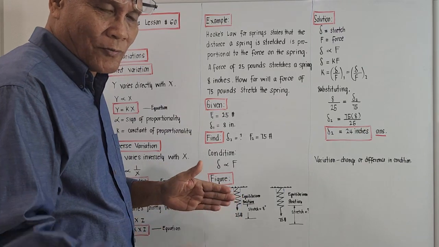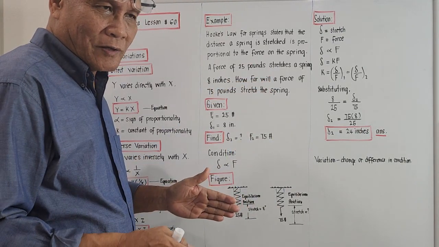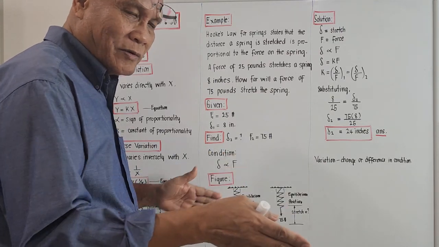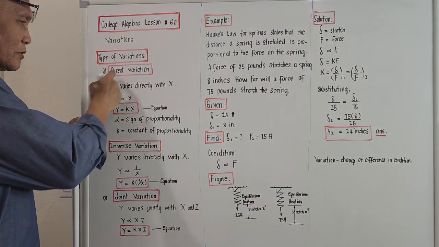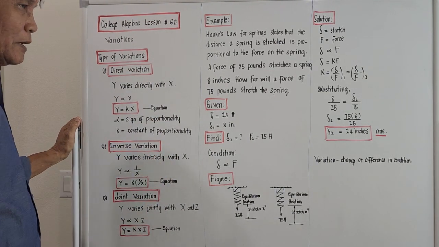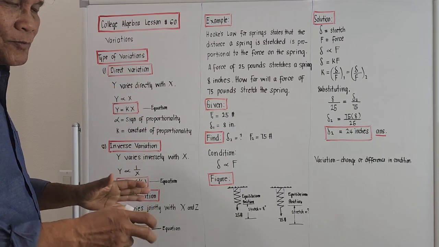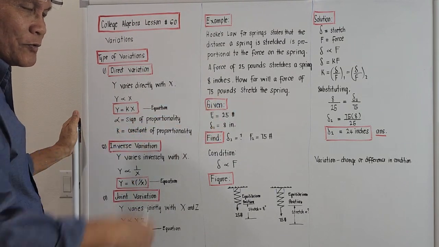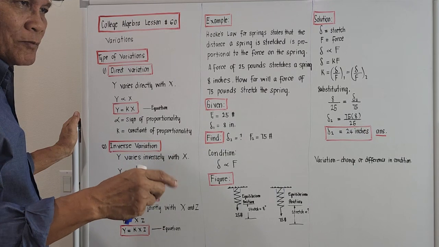They are directly proportional. When the one goes up, whether we like it or not, the other one should also go up. When one goes down, the other one will also go down. That's direct variation. To bring out the equation for direct variation or for directly proportional problems, let's consider for the meantime two variables y and x.